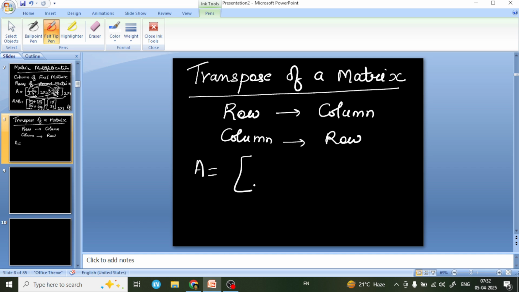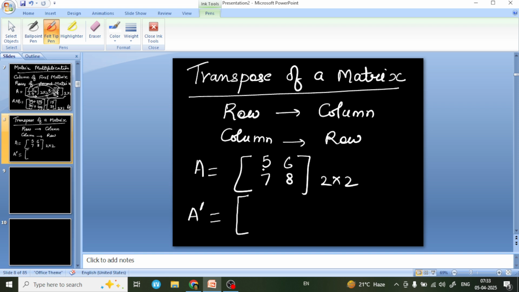If you are given a matrix 5, 6, 7, 8 and you have to find its transpose, we use this symbol for transpose.